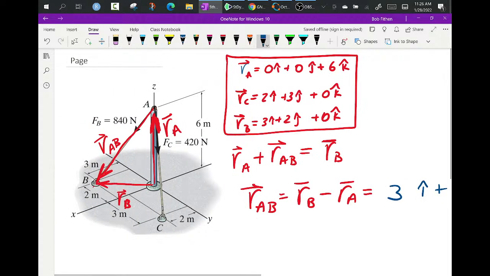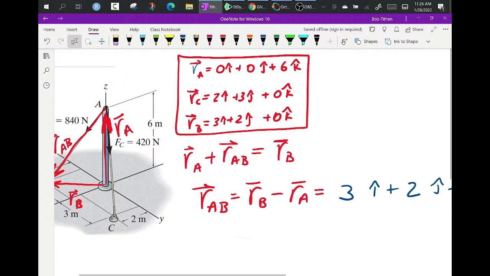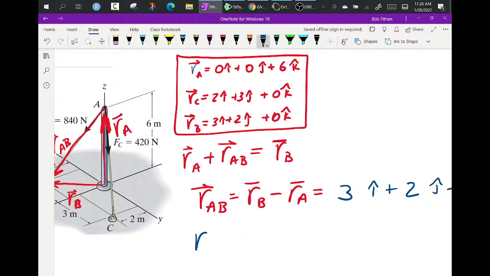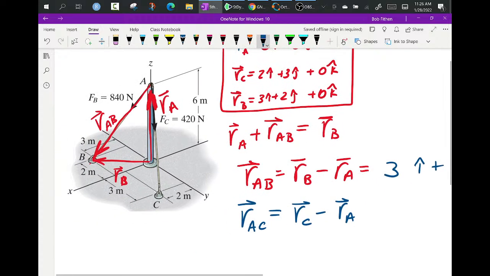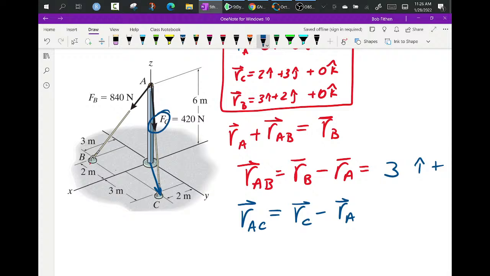Since I'm here doing this mess, I'm going to go ahead and do AC. Looks the same, RC minus RA. Now, let's go back and look at it. Here's the vectors. This one's going here. This one's going here. So I add RA, and then the vector again, what I'm doing is I'm making it go in the direction of the force here.